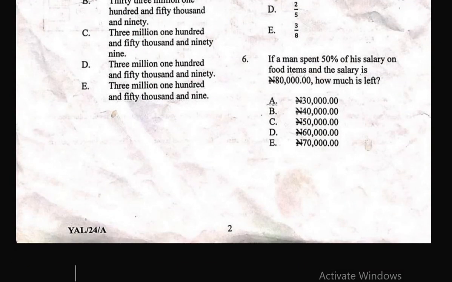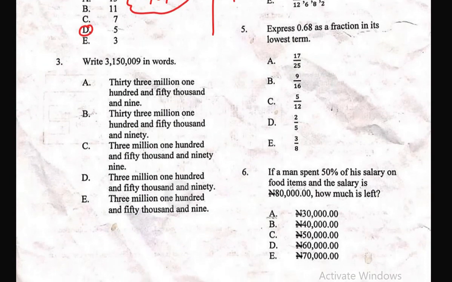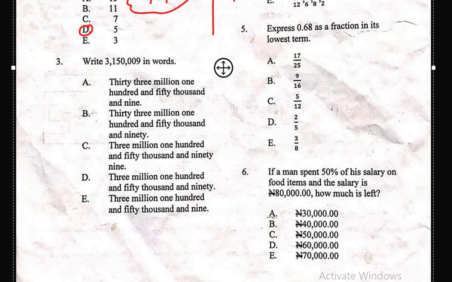Alright, let's take a look at question 3. Question 3 says, write 3,150,009 in words. We'll just look at the options and check which is the correct one. A, wrong. B, wrong.